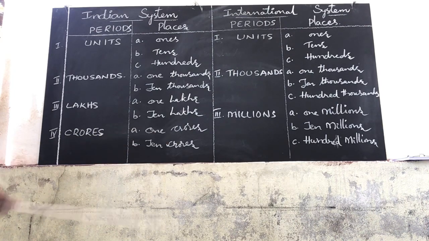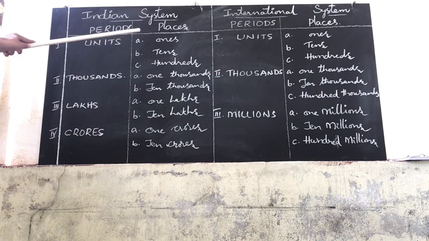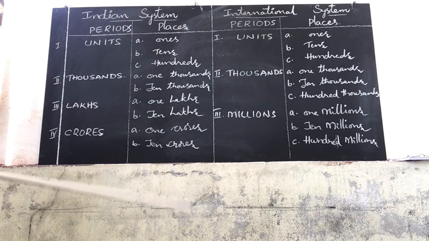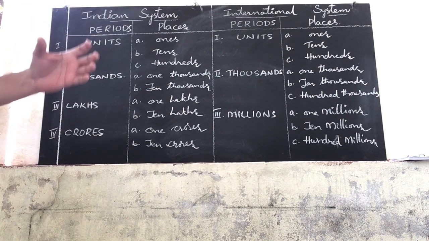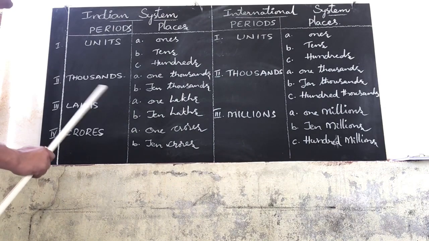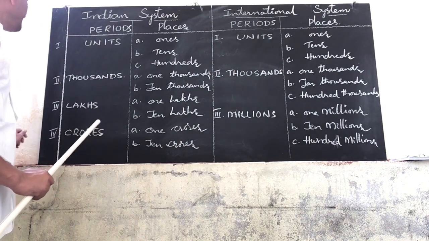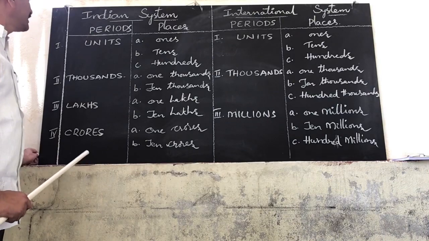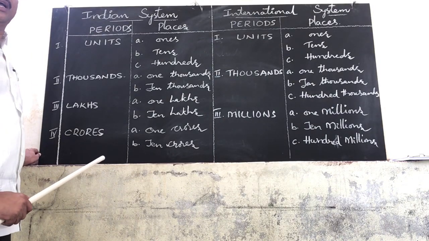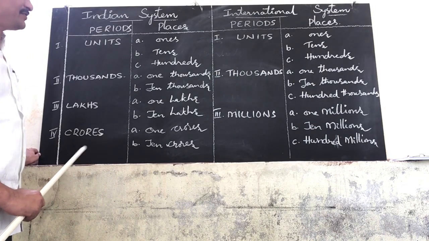That means if a number contains 9 digits, we can name those numbers by dividing them into 4 periods under these places. After dividing them into 4 periods, it is easy for us to write down the number name or numeral in any place. So let us see the international system of numeration.